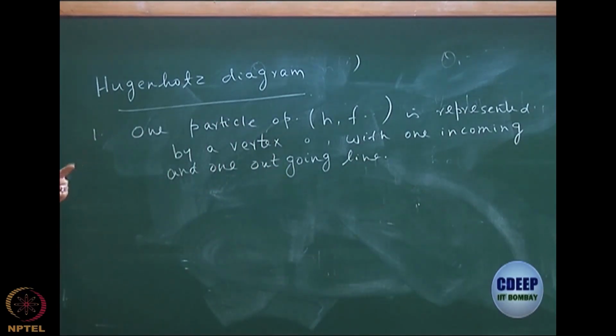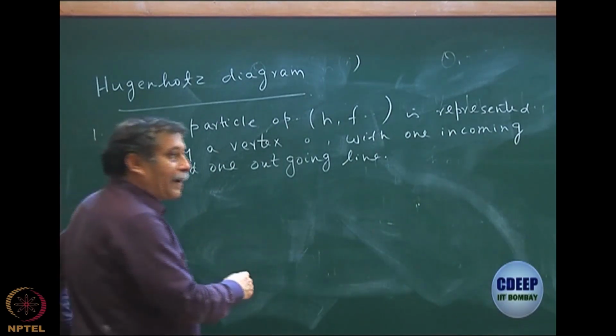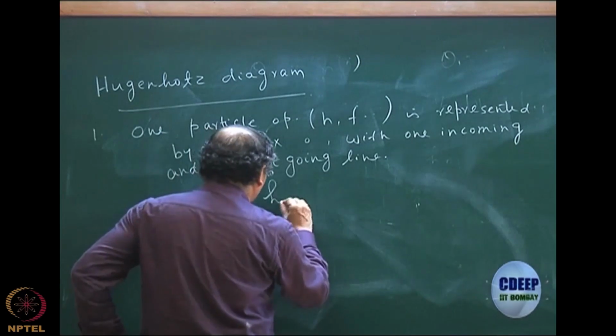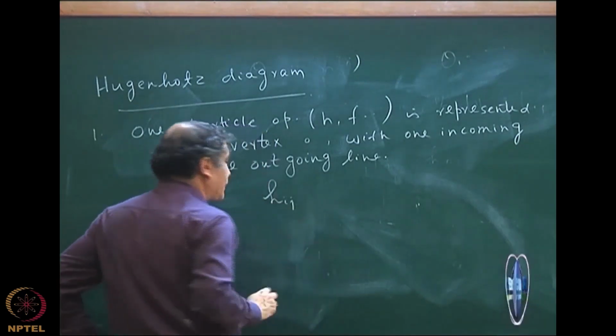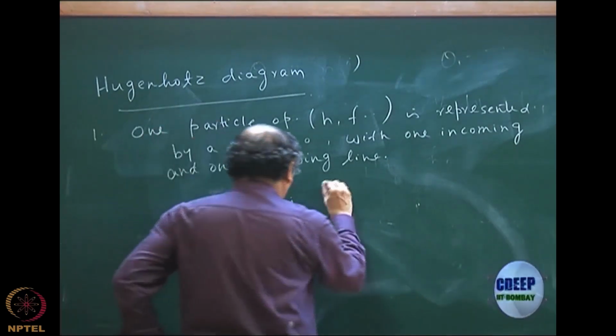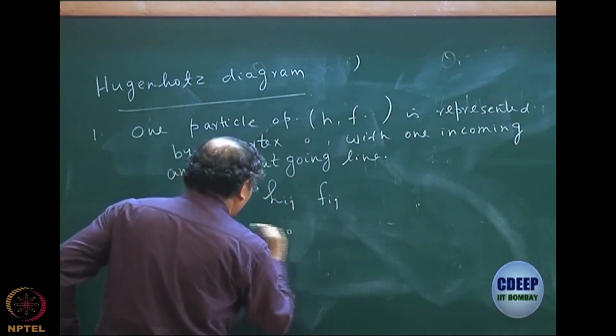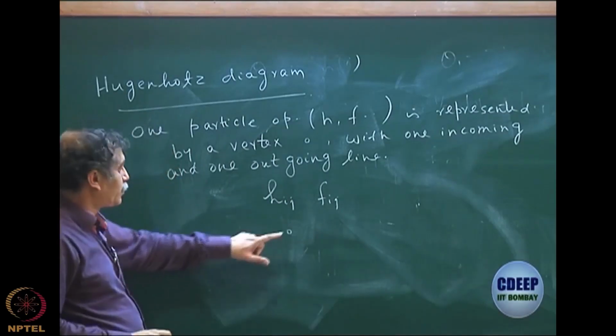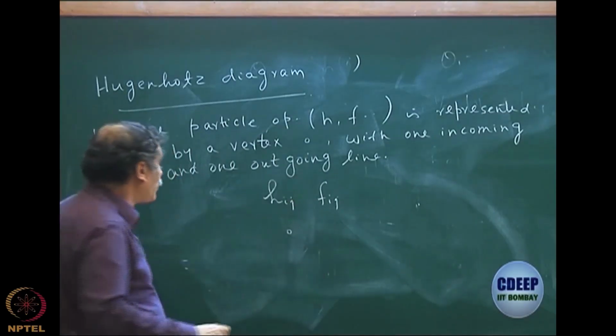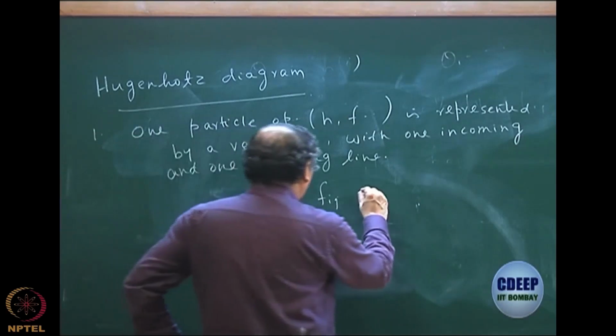Okay, and you will see how the second quantization really comes in. For example, if I have a matrix element Hij, or Fij, depending on what the vertex is, then this will be constructed as a vertex, either H or F, with one incoming and one outgoing line.